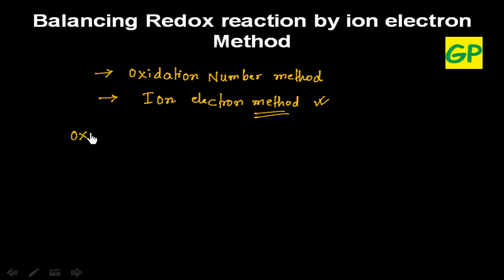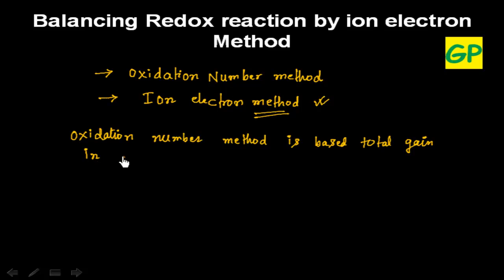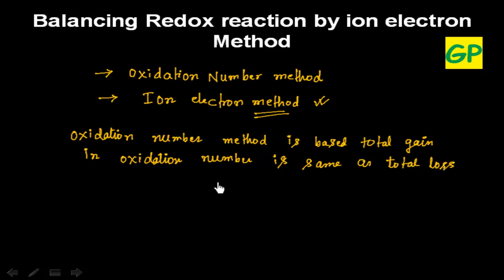The oxidation number method is based on the total gain in oxidation number being the same as the total loss in oxidation number. So this is the oxidation number method.